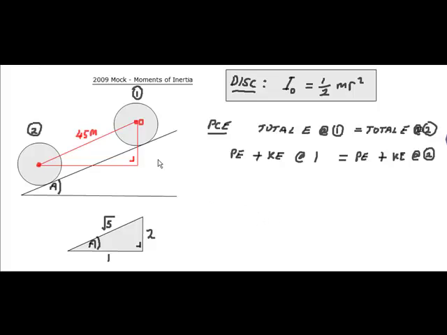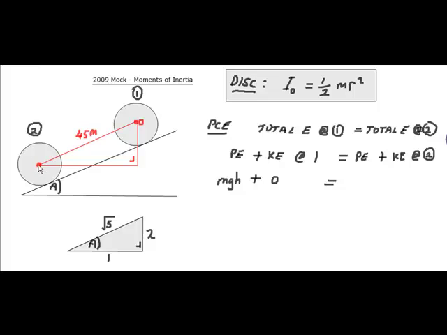The potential energy of the disk at position 1 is mgh, formula for potential energy, plus the kinetic energy at position 1. Well, it starts at rest, so it's going to be 0, equals at position 2 potential energy. When you're dealing with potential energy, you always have to have a 0 height as your reference, a 0 position, and you can pick that wherever you want, and it's easier always to pick it at the lowest center of gravity.